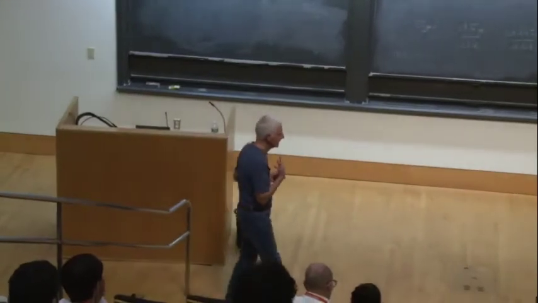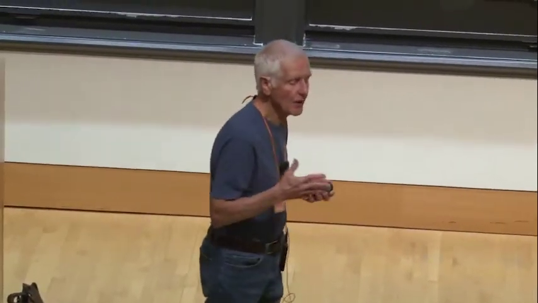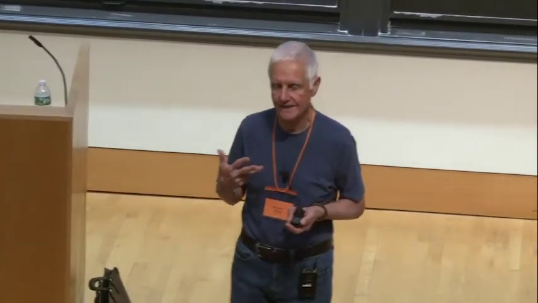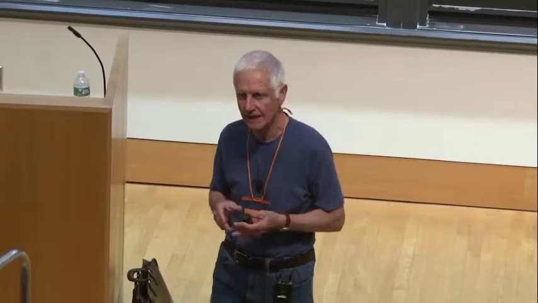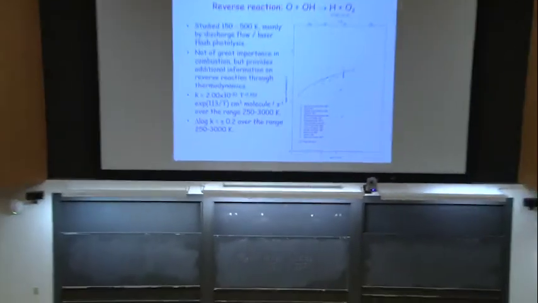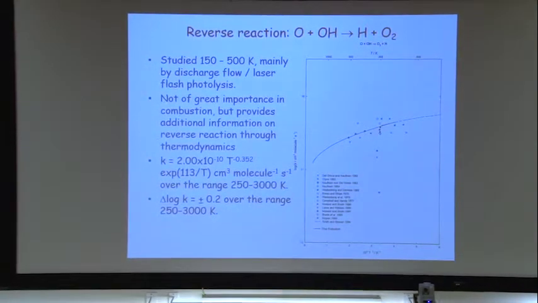So you can use these radical-radical reactions, O plus OH, to extend your information base on H plus O2 by calculating the rate constant using the equilibrium constant. And so that rate constant is now defined over a range 250 to 3000 K. There's the best fit value for the rate constant, and the uncertainty in it is of the order of plus or minus 50% over that range.